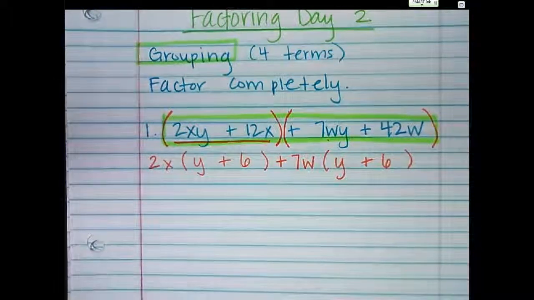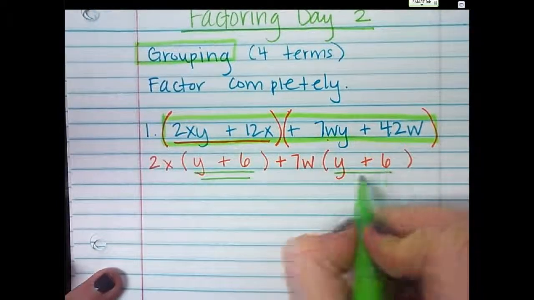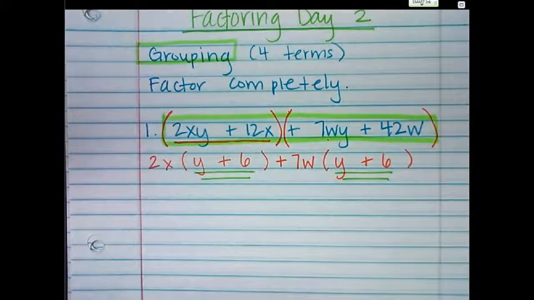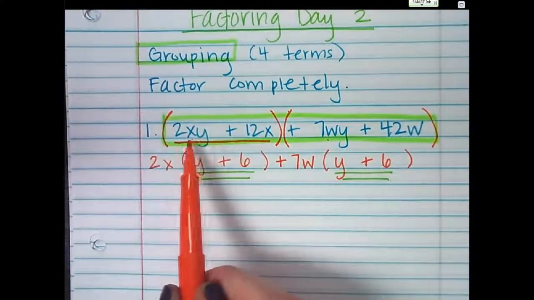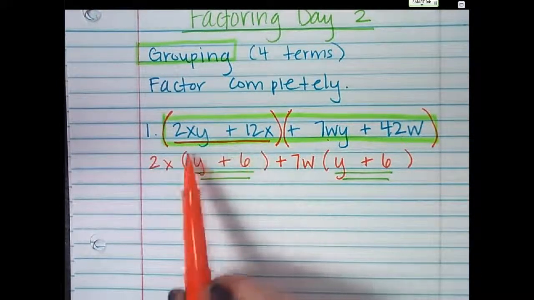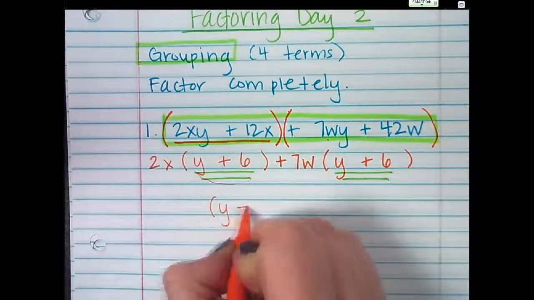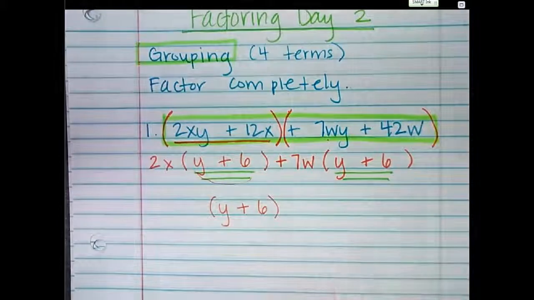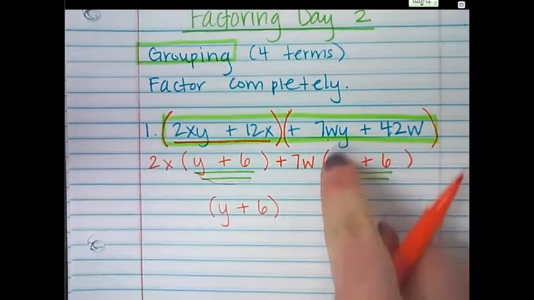So factoring by grouping, these 2 left inside the parentheses should be the same. So just like we take out a GCF between here and here, like 2x, I'm going to take out this whole binomial that's common. So I'm going to factor out a y plus 6. So I'm taking a y plus 6 out of this one and out of this one.